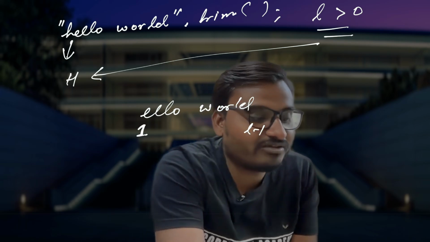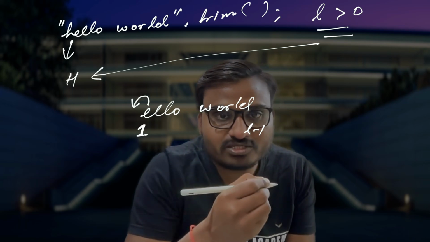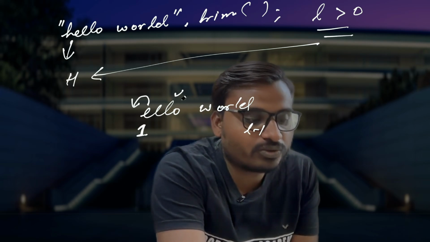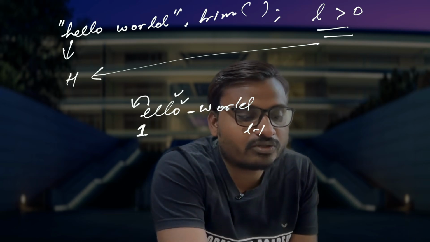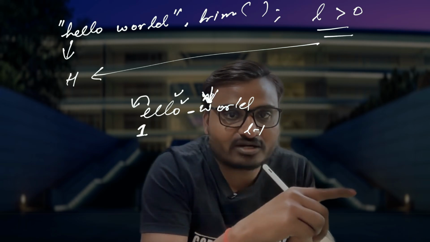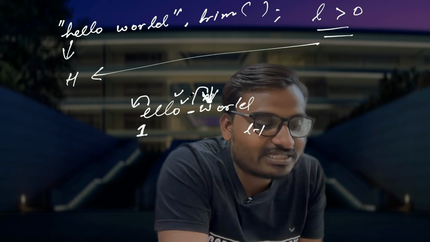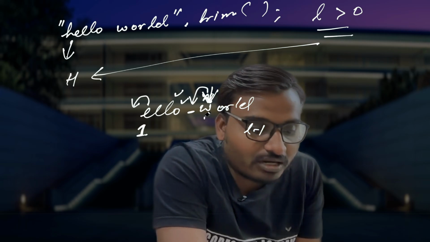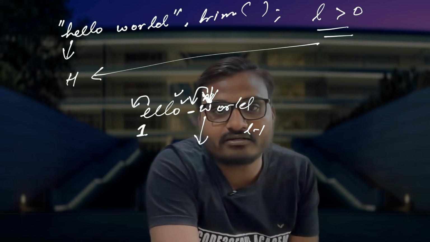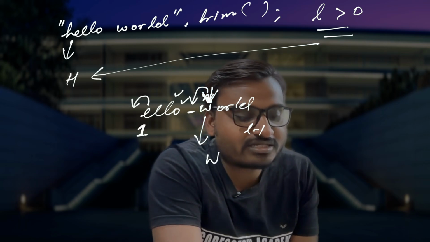Here, no. Here, no. Here, no. When I reach here and I ask, is the previous character white space? Yes. So when the previous character is white space, I will update the current character to uppercase.